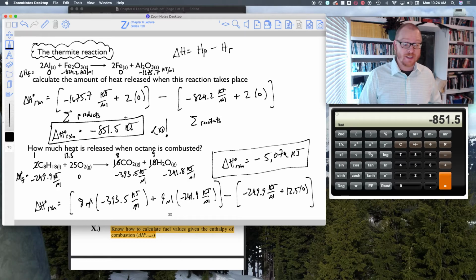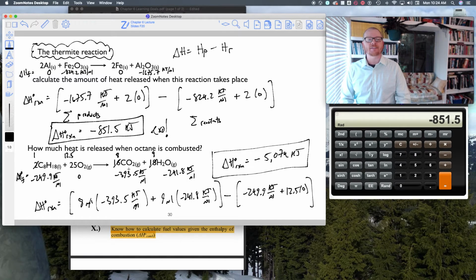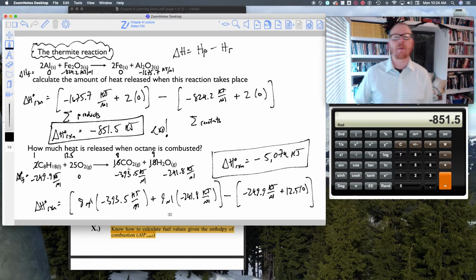Well, look, folks, I mean, this is why we use octane to generate energy. As dirty as a source of energy this is, right, all of that CO2 it creates, as well as all of the byproducts that you get coming out of an automobile exhaust. There's a reason why we do it, because there's an enormous amount of energy released, okay?